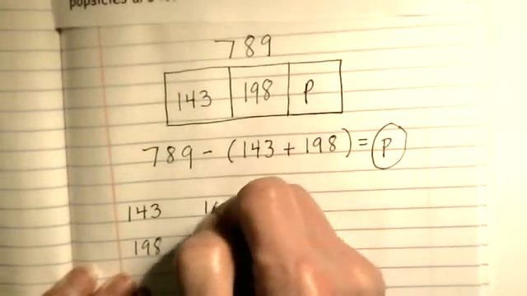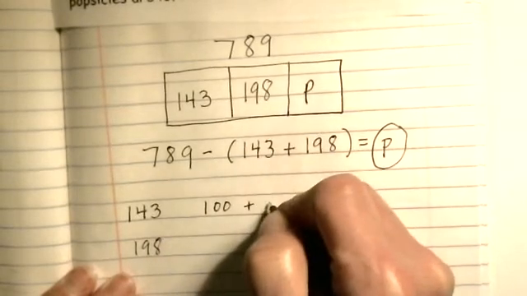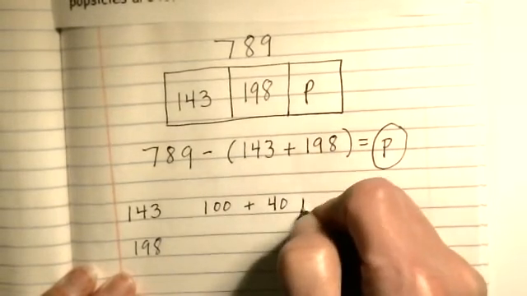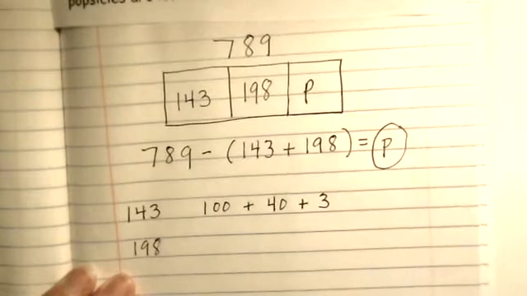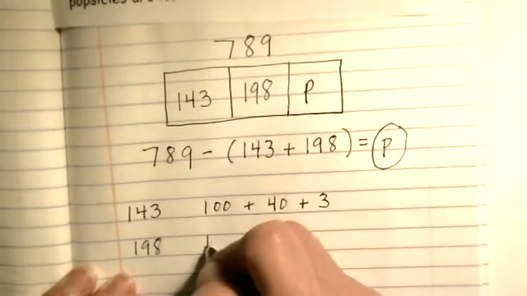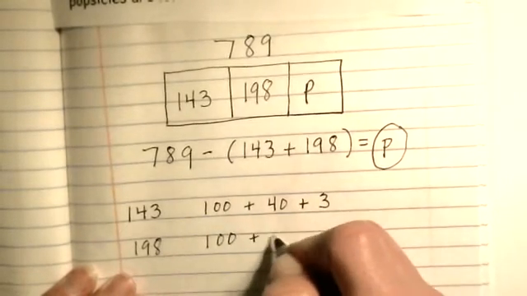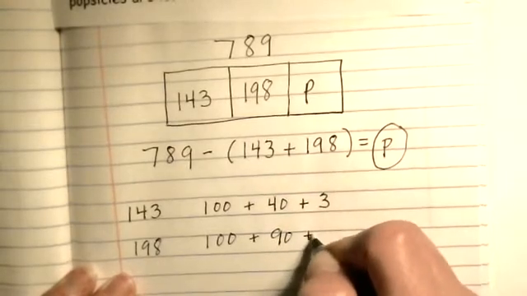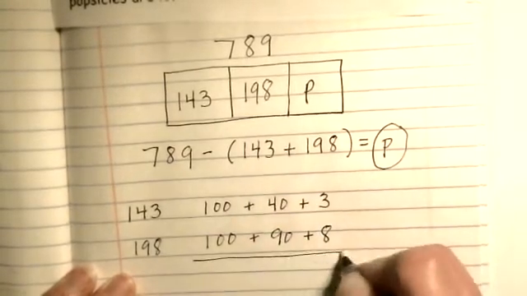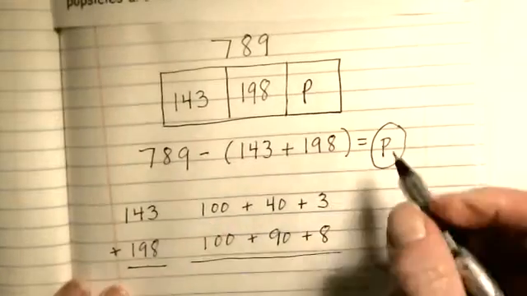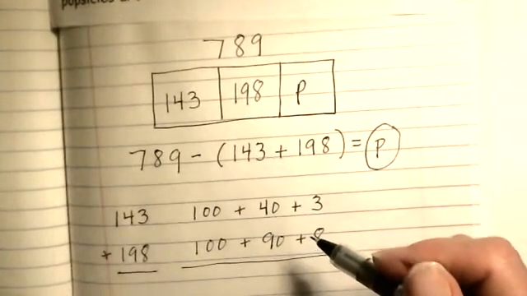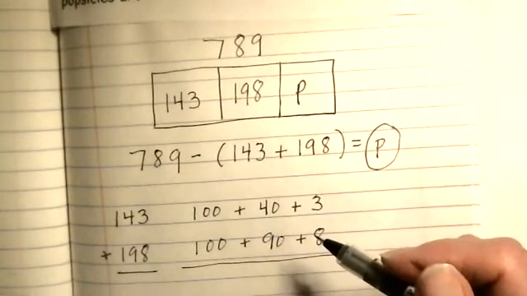So I write 100 plus 40 plus 3, 100 plus 90 plus 8, and I'm just going to recheck to make sure I'm adding when I'm supposed to be adding and not subtracting.